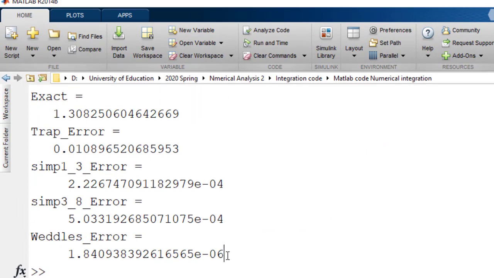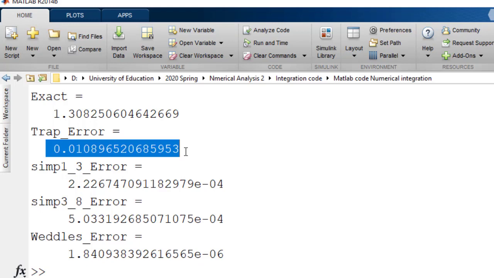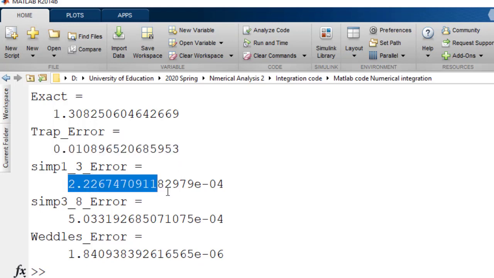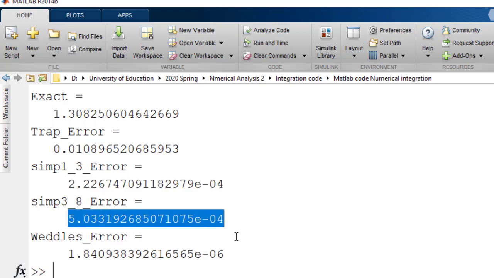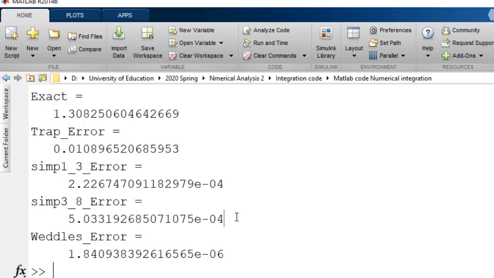So here you can see this is the error of the trapezoidal rule, this is the error of Simpson's 1/3 rule, this is the error of Simpson's 3/8 rule, and this is the error of Weddle's rule. So Weddle's rule as compared to the other numerical schemes is more accurate.